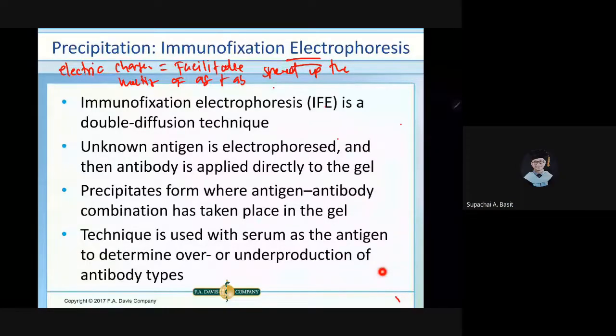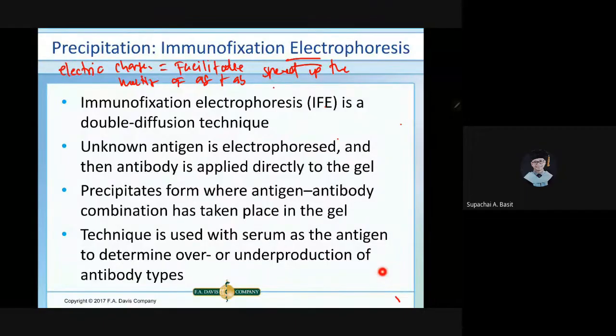There is a technique in radial immunodiffusion where you have to wait for 3 days before you can see a visible reaction. Imagine, you have to wait for 3 days. Radial immunodiffusion is either the Mancini or the Fahey method, or the endpoint or the kinetic method, where you have to wait for 3 days, or for 24 hours.